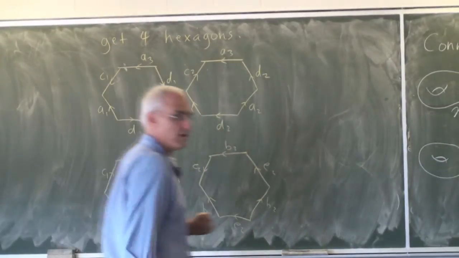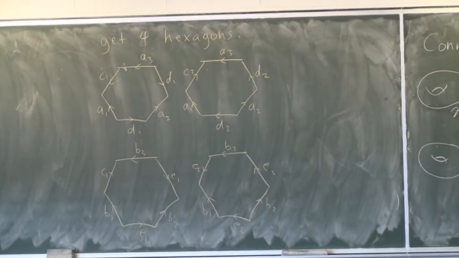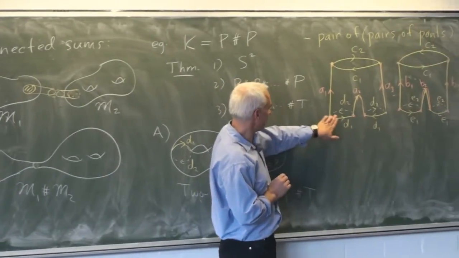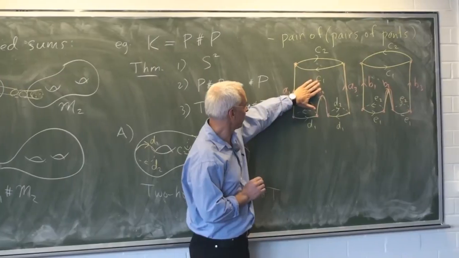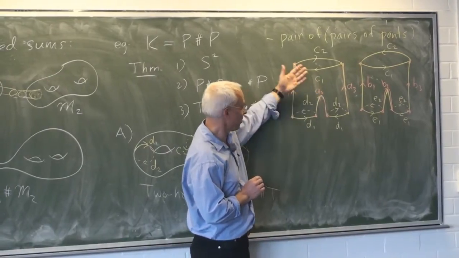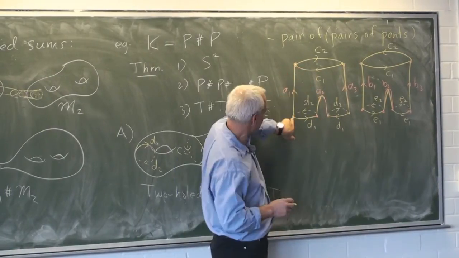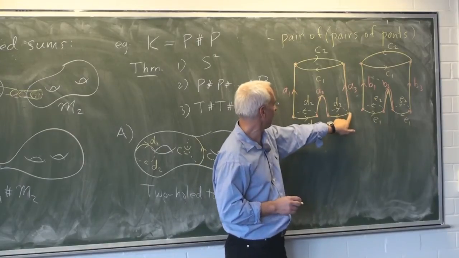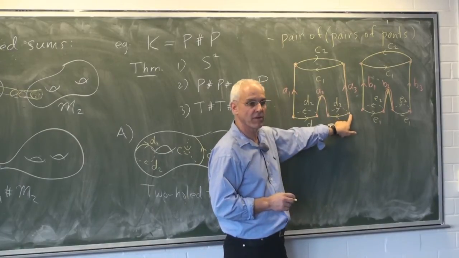Now at any one of these vertices, how many hexagons meet? Let's say at this vertex here. Well, the front and the back of this pair of pants obviously meet, but this point here is also identified with one of these points over here.